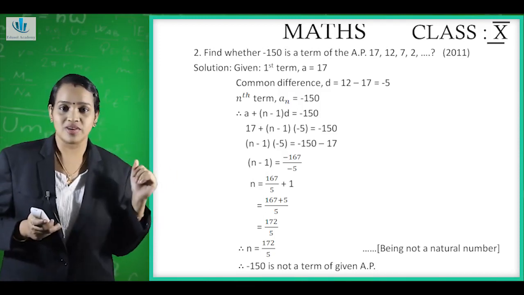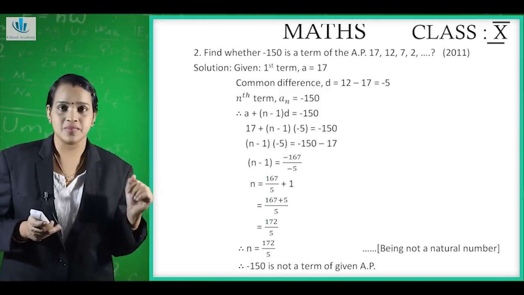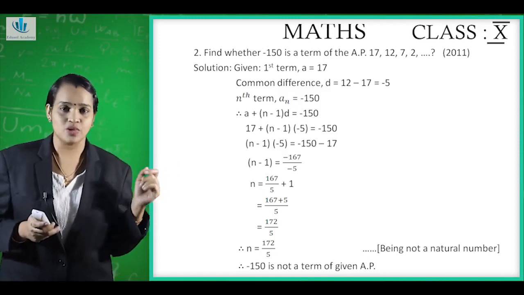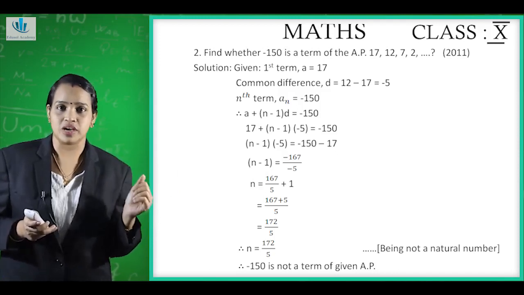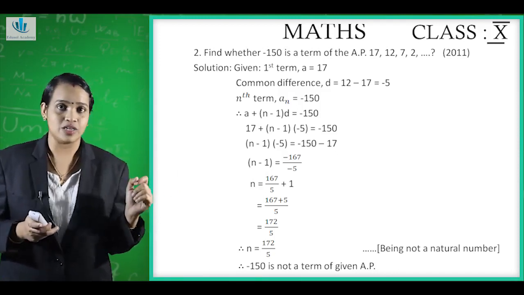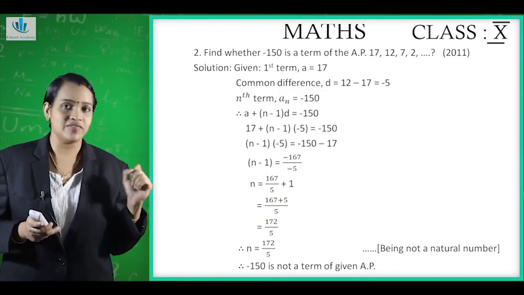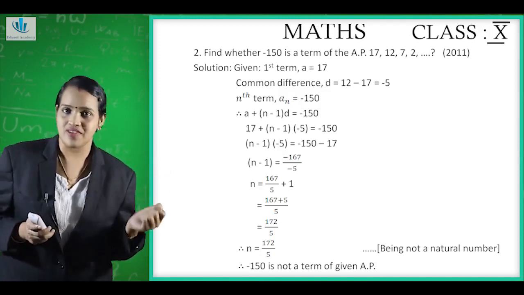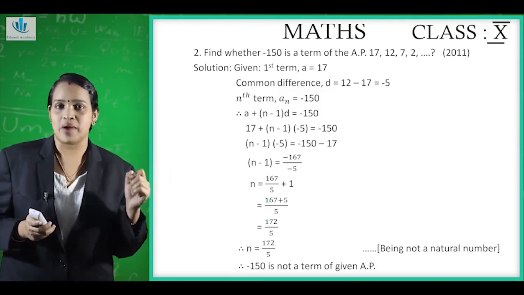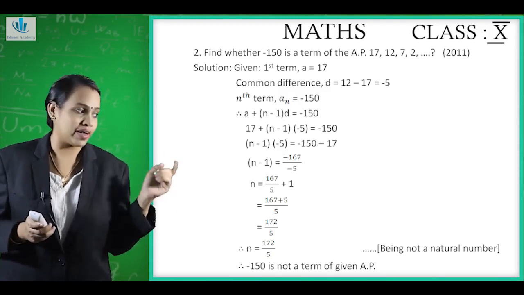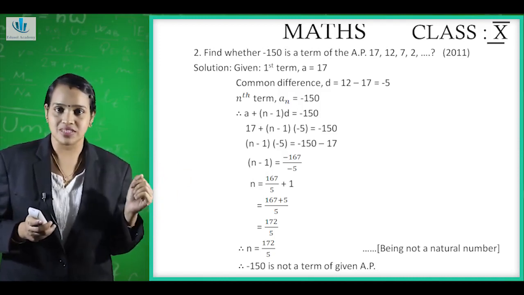Now you know in the question it is given for the first term, that is A, it is equal to 17. Now the common difference, that means the difference between the two numbers, what it is? It is D is equal to 12 minus 17, which is equal to minus 5. Now the nth term, that is AN is equal to minus 50. That means we have to see whether minus 50 comes in this sequence or not.